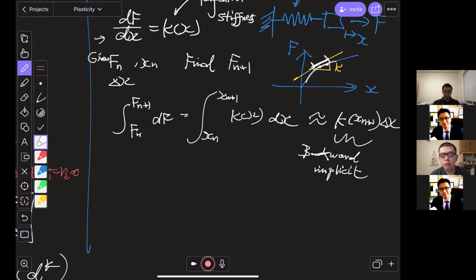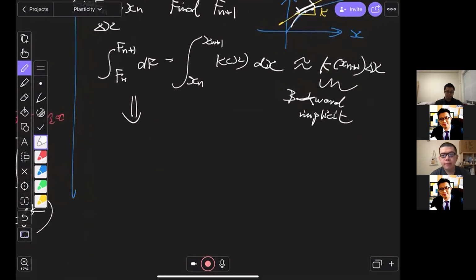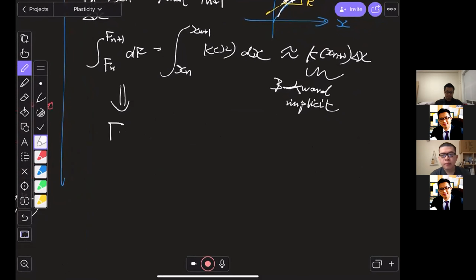You see what I mean? But here I'm going to solve everything in a backward implicit manner. So this would simplify the system as Fn+1 equals Fn plus K(xn+1) delta x. This is actually also the Taylor expansion if you only consider the first term. Does that make sense?